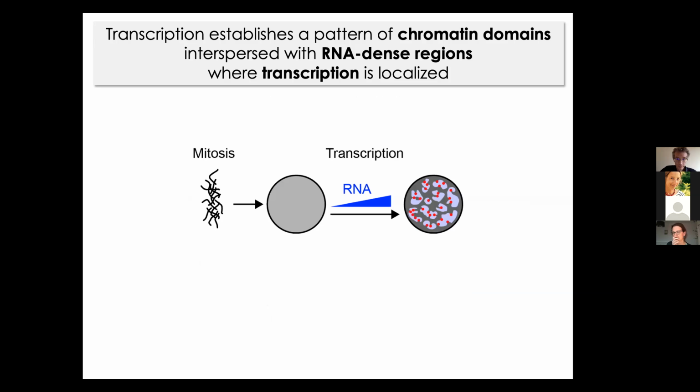Okay, so we see this pattern being established, and at the beginning of the talk, of course, I said what we're interested in is understanding how you get that pattern. And we now know that it is established when transcription begins, but that raises the question, what is important? Is it the accumulation of RNA, which is the product of transcription, or is it the process of transcription itself?